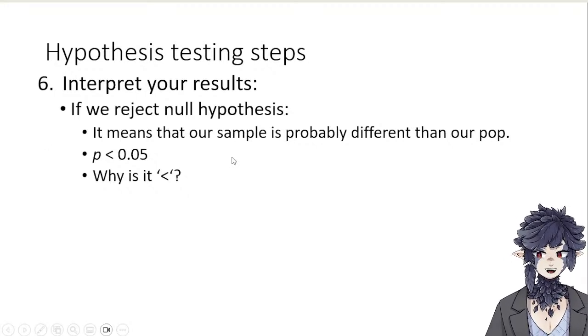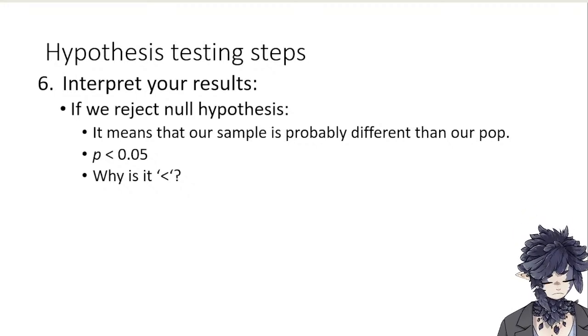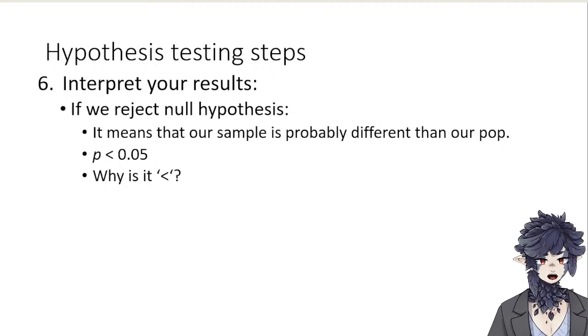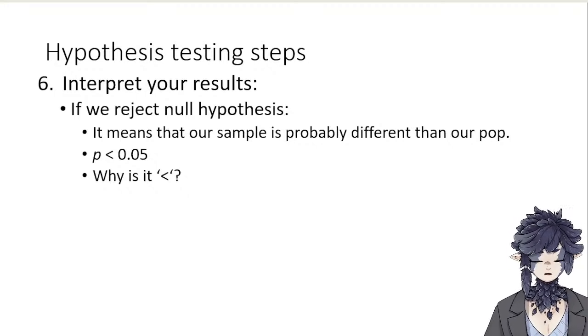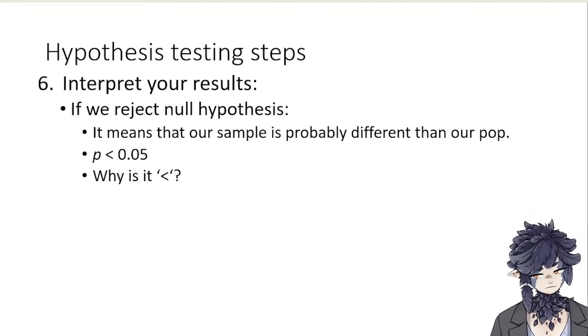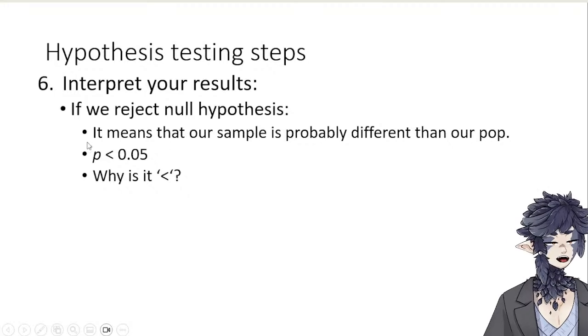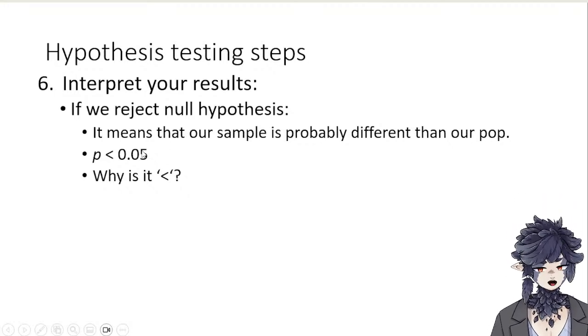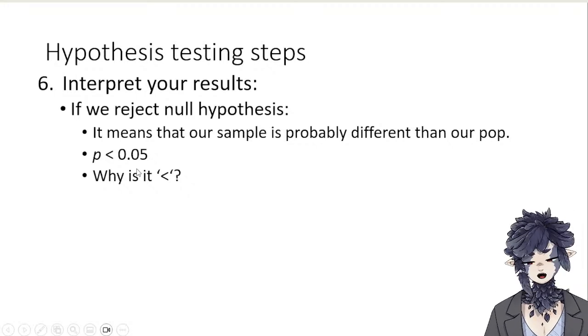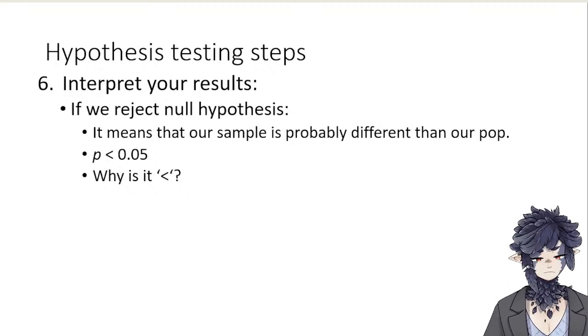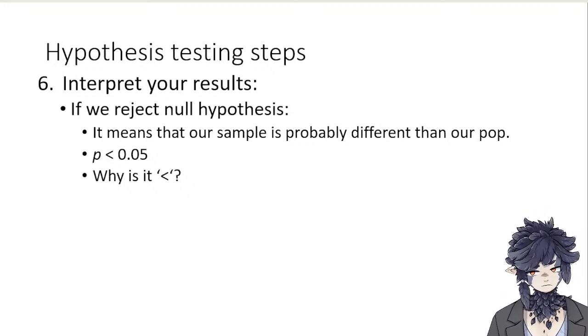It's because if we randomly selected a sample from the population in a world where the null is true, there's less than a 5% chance we would have found a difference as big as we did. So, to really oversimplify this, the probability that our results are a fluke is less than 5%. The probability that we just got these numbers by coincidence is less than 5%.